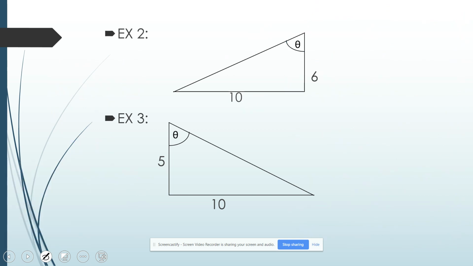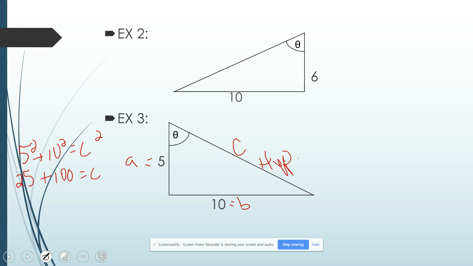All right, example 3. We have side lengths of 5 and 10, and we need our hypotenuse, which is c. So we have 5 squared plus 10 squared is equal to c squared. That's 25 and 100, which is 125.